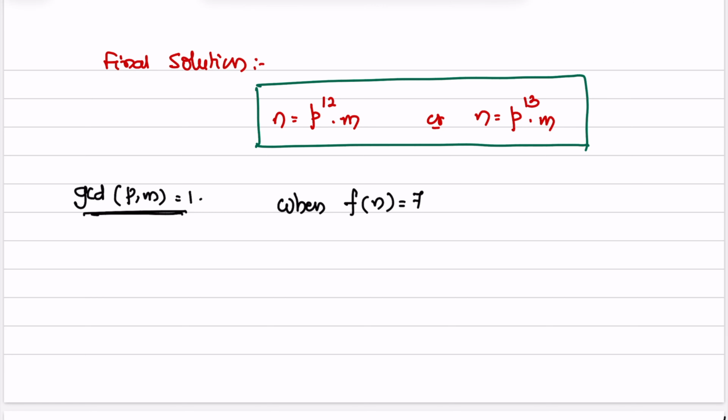And to make it clear, let us take a number 4096. N is equal to 4096. What are the divisors here for 4096? I have already explained how to find the divisors.